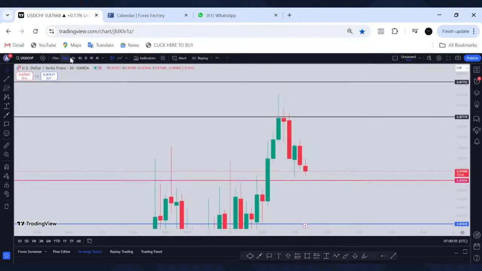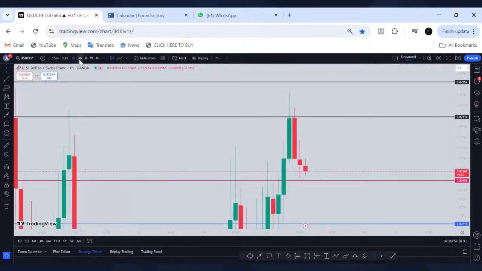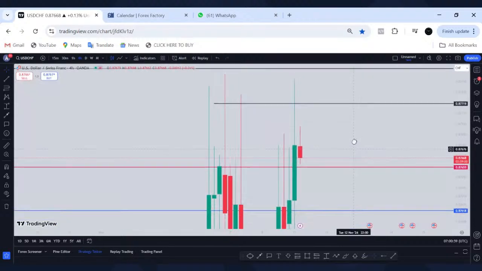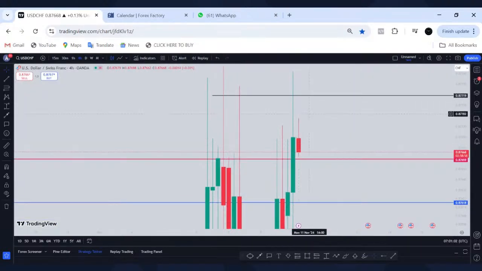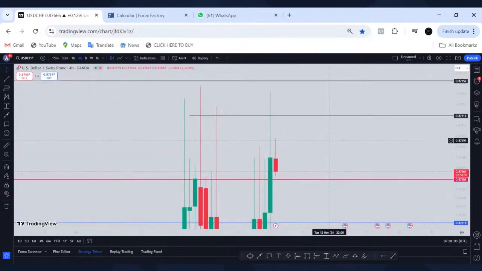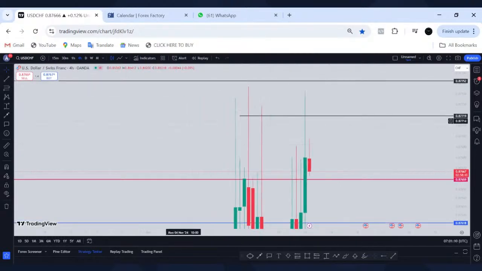I wanted to enter using the M30 time frame, because looking at the H4 time frame, I just want price to make a flip to fill this zone. That's what I wanted to happen.